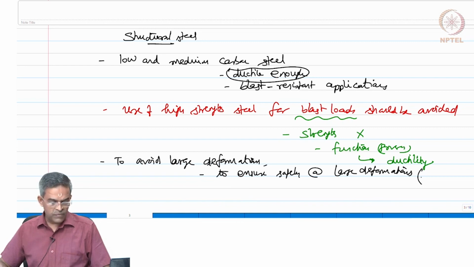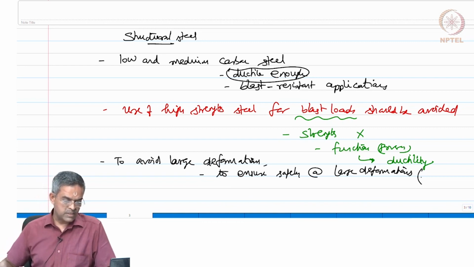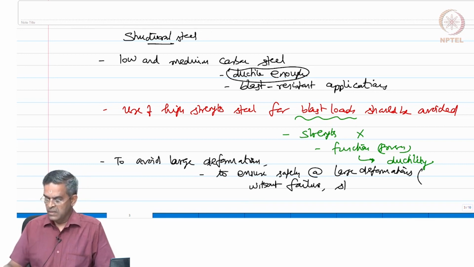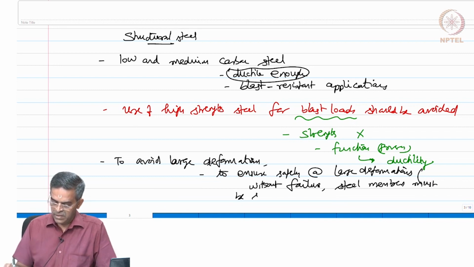So, to ensure safety at large displacements without failure, steel members must be sufficiently braced.